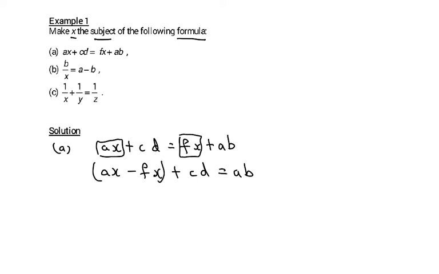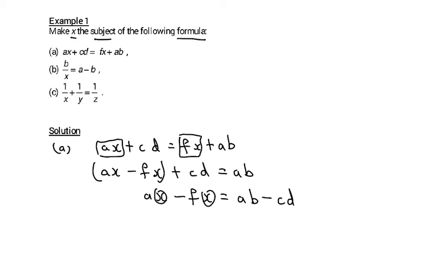I try to remove the plus CD by subtracting CD on both sides. So subtracting CD on both sides, I'm going to get the next line.